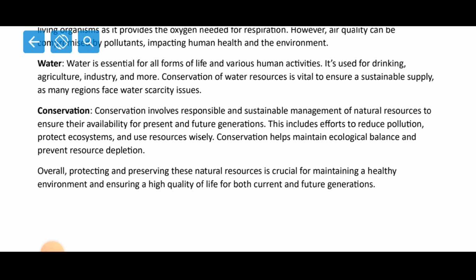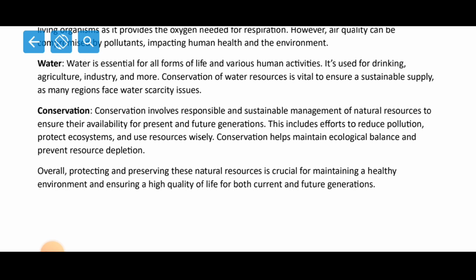Water is polluted when we are throwing the dead bodies into the water, when we are dumping the garbage into the water, we are throwing all the electronic waste, we are throwing the plastics, or we are using pesticides, right? So all these things, when the rain comes, it gets washed away and becomes a major source of water pollution.